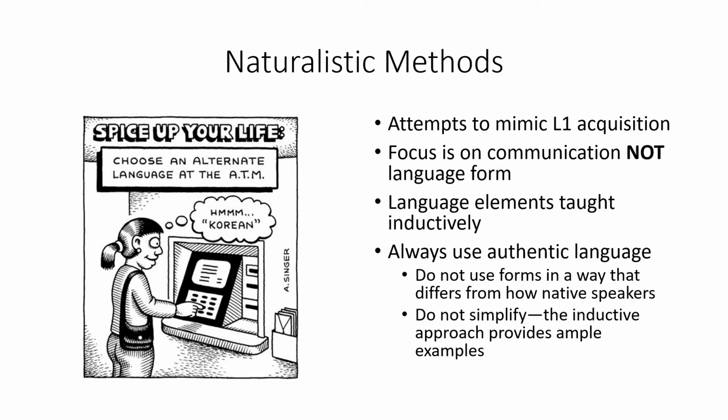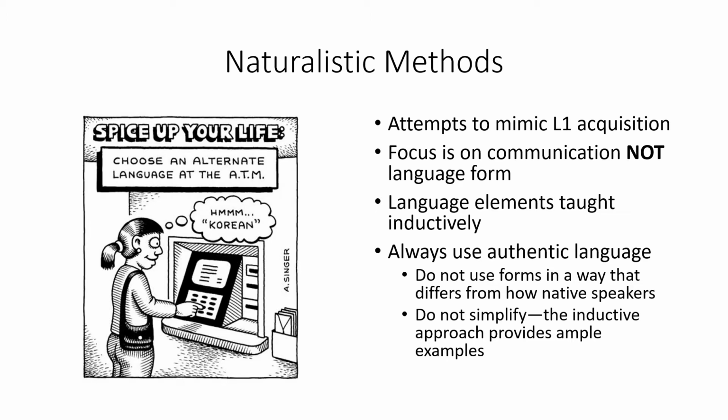And the other thing about them is that they always use authentic language. That's really important because you do not want to teach students forms that are not used the way real life speakers use them. And by real life speakers, we're talking about people who speak the language as their native language. And as a result, there's no effort to simplify language forms.